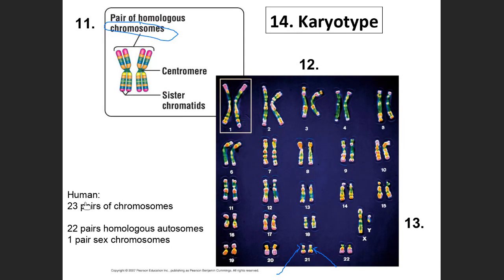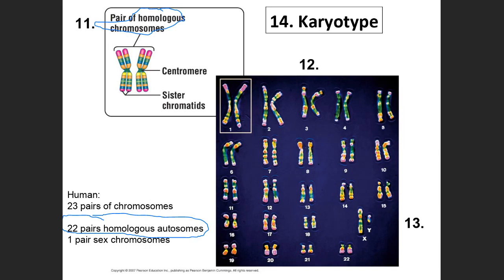Of those 23 pairs, at a minimum, I'm going to circle it here, and I'm going to circle it here. At a minimum, male versus female human, at a minimum, 22 will be homologous pairs.